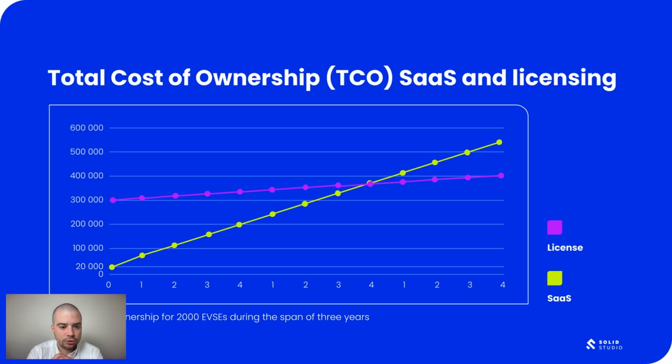If we take a look at the total cost of ownership, I prepared an example. Of course, this is a very basic example. First of all, this is a CPO that has 2,000 EVSEs under management and is using a SaaS provider. This is the green line.